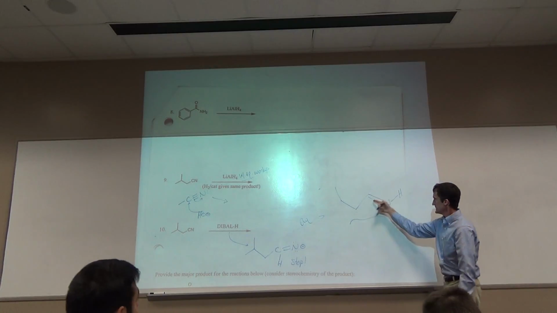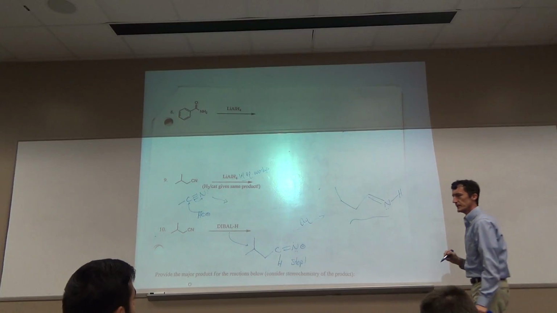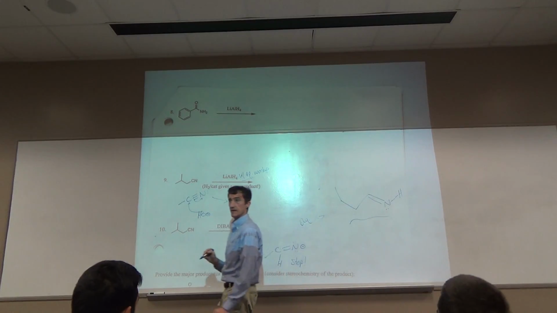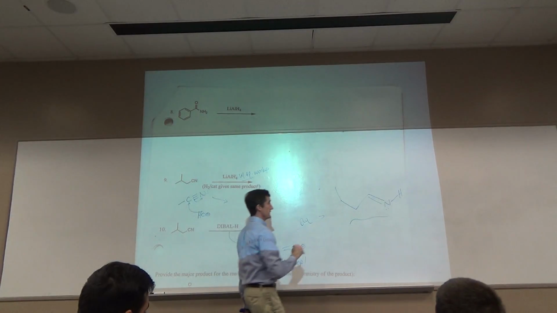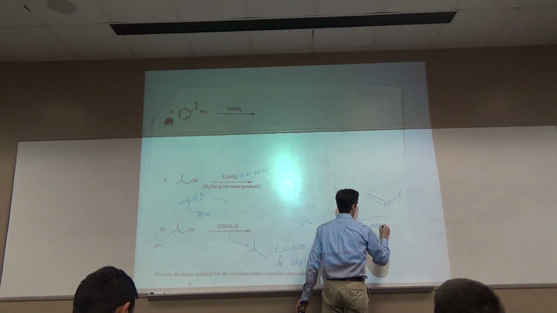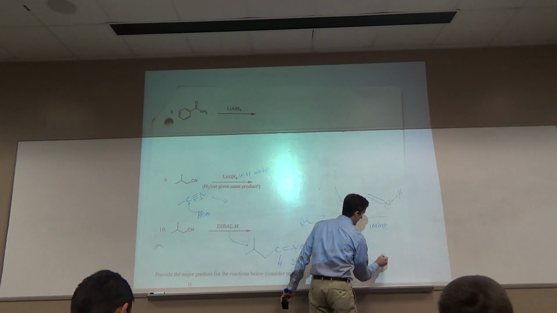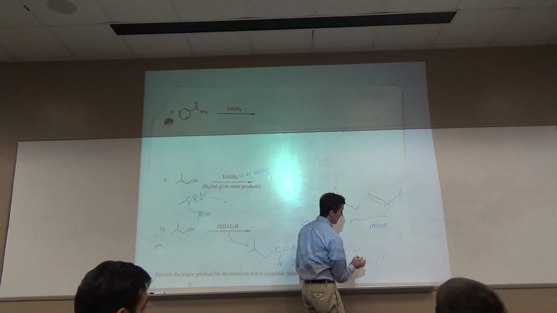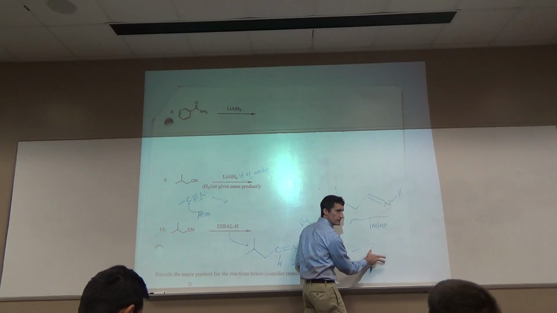Here you go. What's the name of that functional group? I don't think we've seen it before in lecture, but you've all made one in lab. Imine. Imine. What is the corresponding carbon double bond O called?